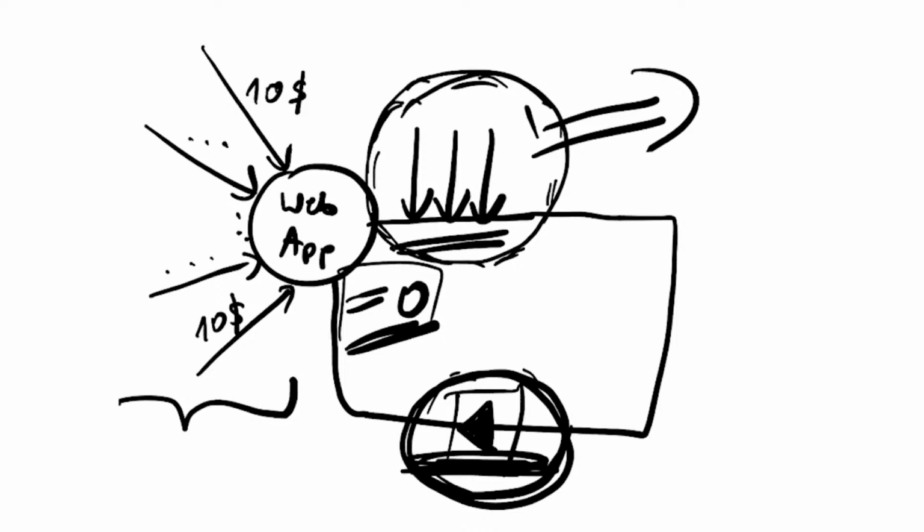But let me also tell you how to prevent it from happening, because this is also interesting. What we should do is we should never accept the next money transfer request before the previous money transaction request is being finished, okay?